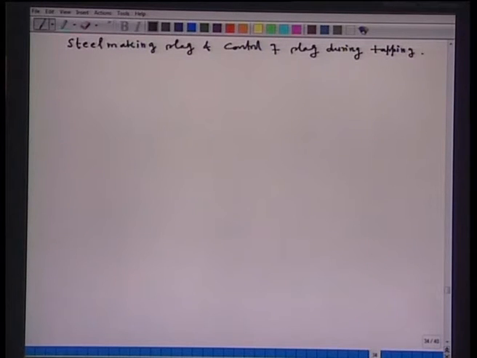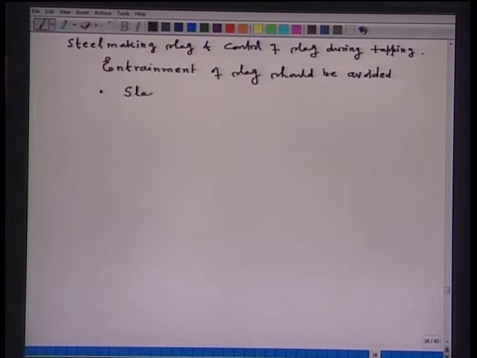During tapping, the entrainment of slag must be avoided, because slag is highly oxidizing in nature. It has MnO, it has FeO, and as such it is highly oxidizing in nature.